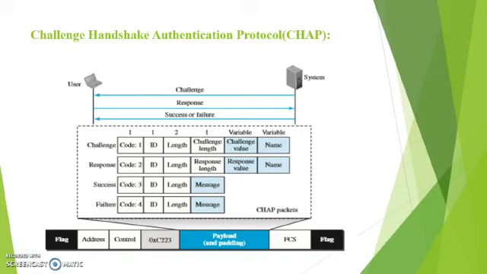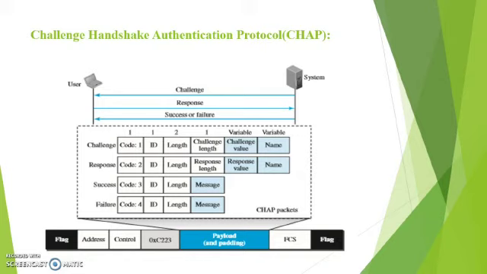Next is the challenge handshake authentication protocol. In this protocol, the system sends a challenge value to the user. All the users in this particular network will have some default function. The user computes a value using this function and the challenge value, and this computed value is given as response to the system.